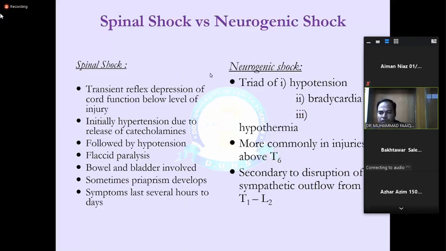Okay, two very important definitions are spinal shock and neurogenic shock. What is spinal shock?